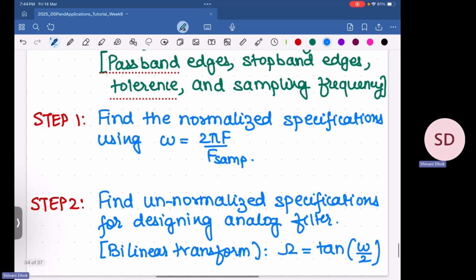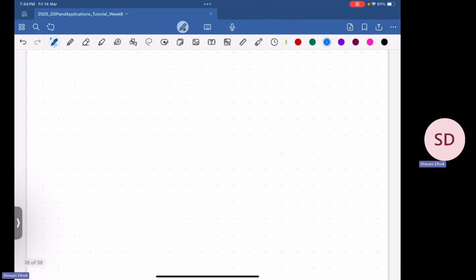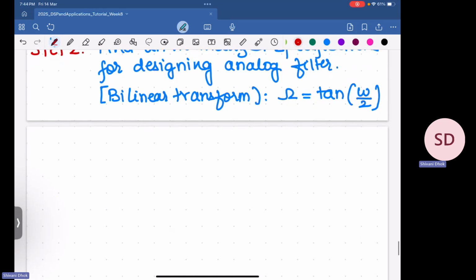Now, once we have these unnormalized specifications, next we need to do the analog transform. So step 3 is analog transform.